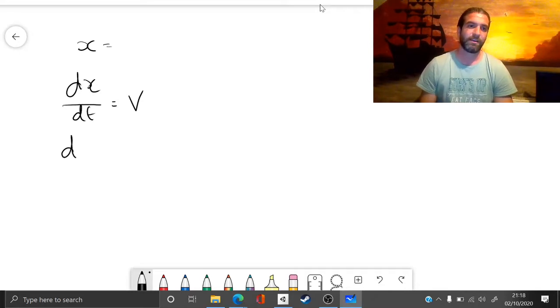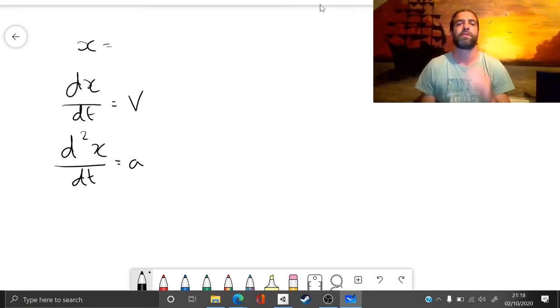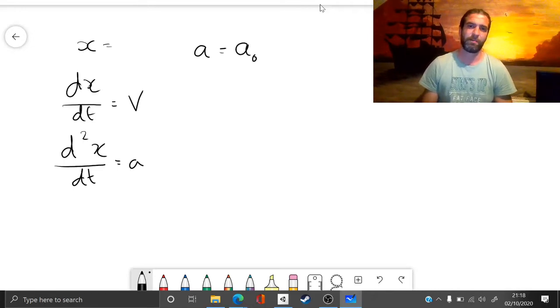And if you take the second derivative with respect to time, it becomes the acceleration. Okay, so what if your acceleration is constant? So right up here, the acceleration being a constant, we call it a sub-zero. It doesn't really matter about the sub-zero, but we'll call it that anyway.